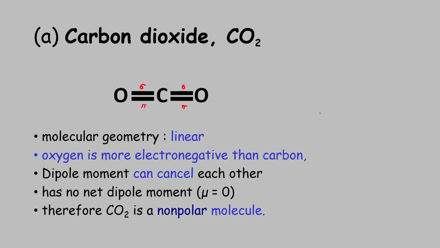Carbon and oxygen. Carbon has 2.55 and oxygen has 3.44. What's the electronegativity difference? Calculate quickly.